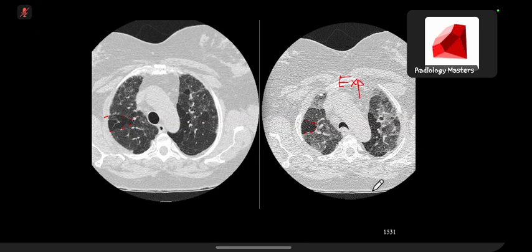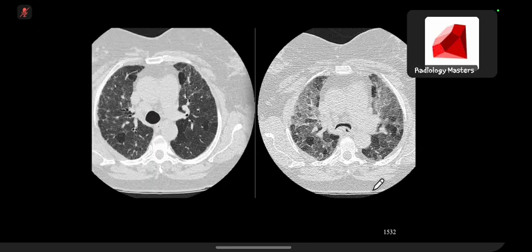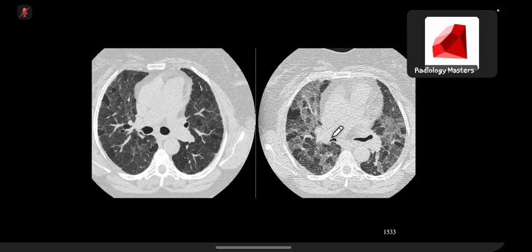And as we go further down, you can see that this air trapping has been accentuated on expiratory scans. We've even got a little bit of bronchomalacia where the posterior wall of the bronchus intermedius has caved in, and we've got this mosaic attenuation.